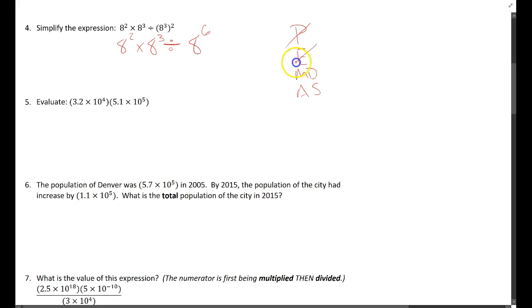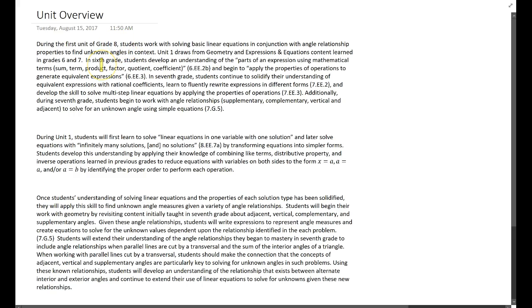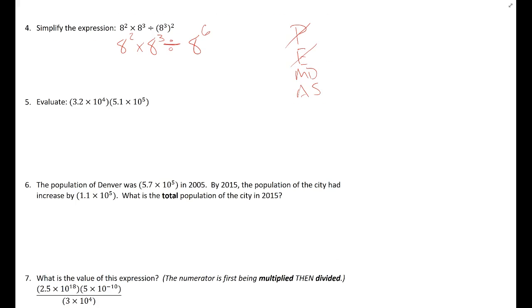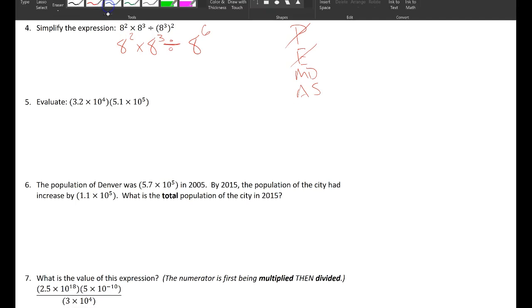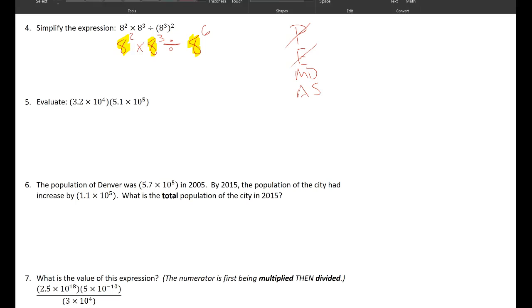Now, I've done parentheses, I've done exponents. Now I have to do multiplication and division in the order they happen. First thing I do, make sure the bases are the same. All my bases are the same, therefore I'm going to rewrite my base.